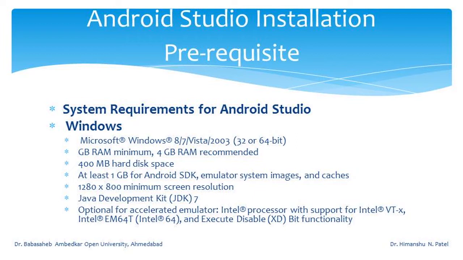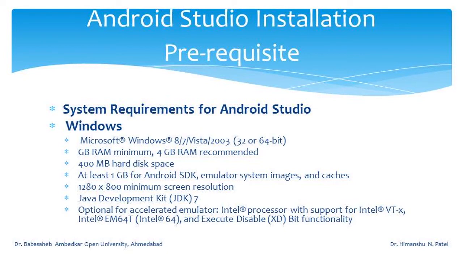Then you should have minimum 400 MB hard disk. Maximum it may be 4 to 5 GB, but 400 MB hard disk space is required. At least 1 GB for Android SDK, emulator system images and caches. Your monitor should be at least 1280 by 800 screen resolution.